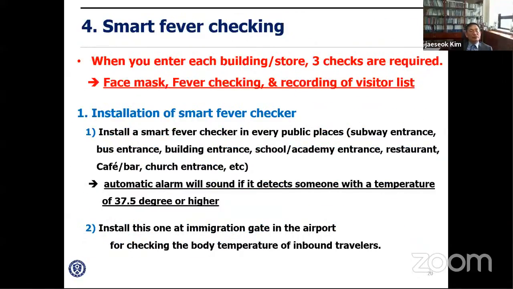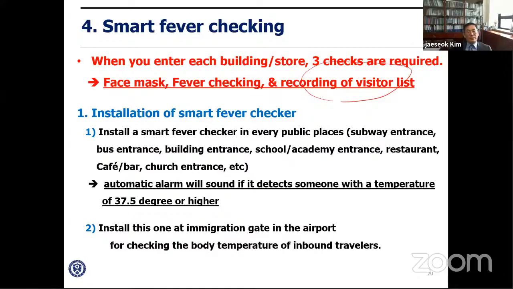Next one is smart fever checking. Whenever you enter a building or store, the following 3 checks are required: face mask, fever checking, and recording of visitor list.